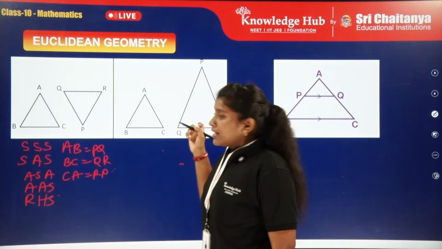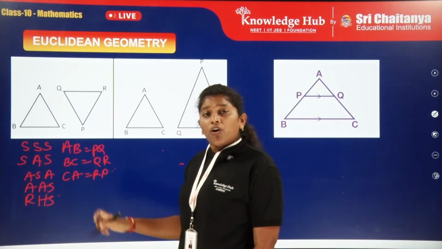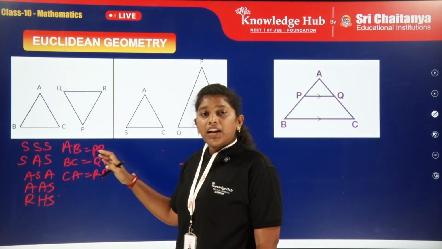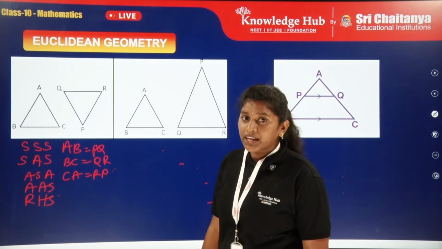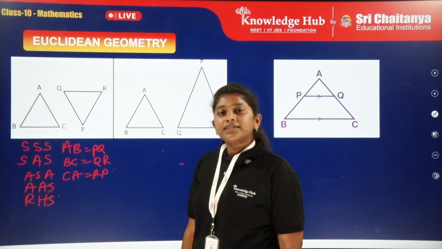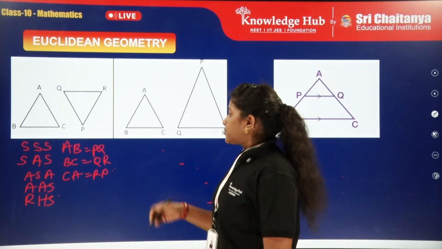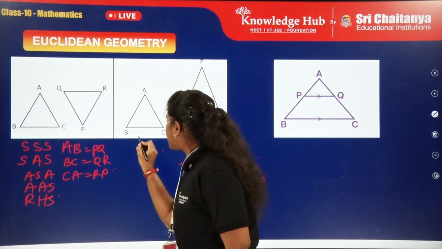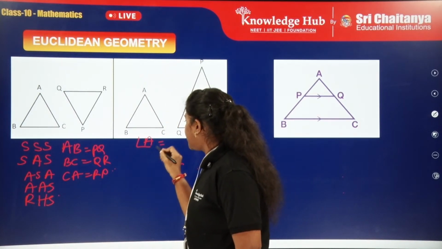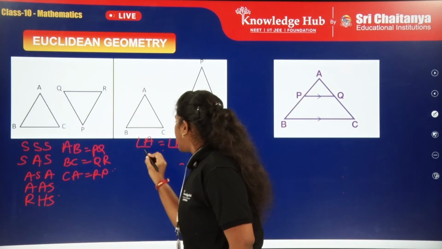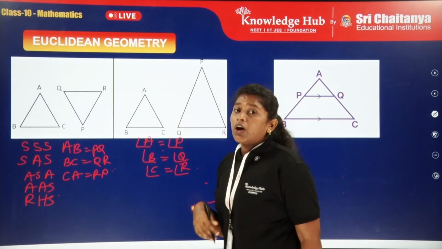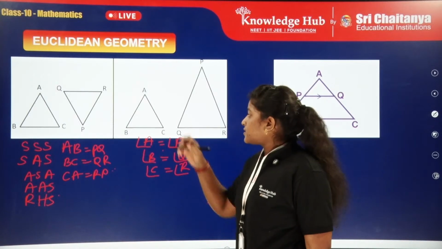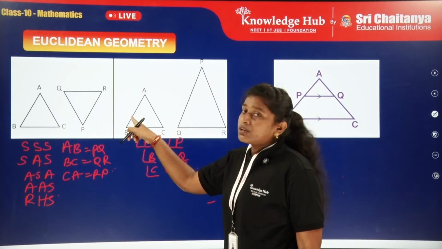So now moving to the next, similarity of triangles. In congruency you are having corresponding angles equal and corresponding sides equal. But coming to the similarity, you are having the corresponding angles equal but corresponding sides proportional. Okay. So now if you look here, corresponding angles are equal. That means angle A equals angle P, angle B equals angle Q and angle C equals angle R. Now the corresponding sides are proportional means, just consider that the side PQ falls on AB.